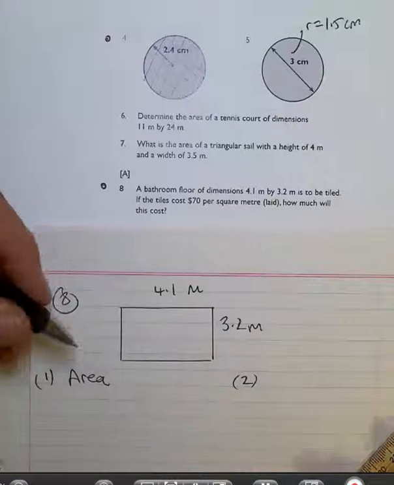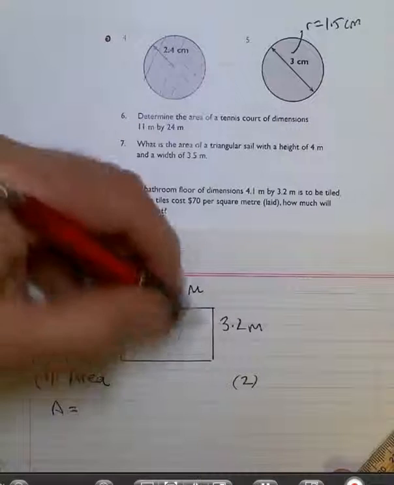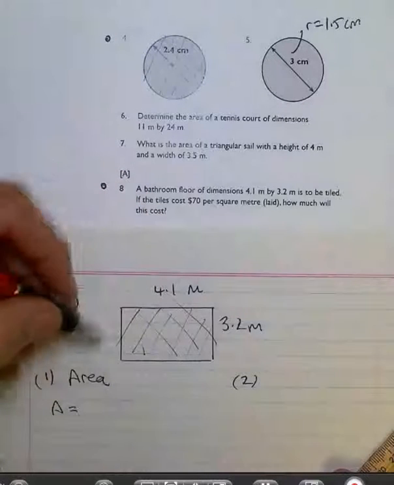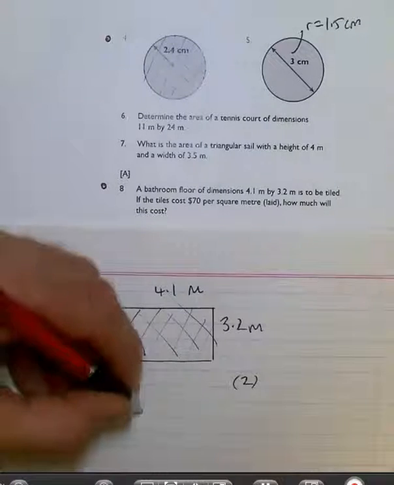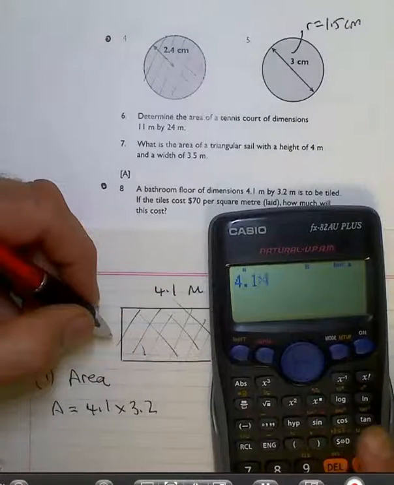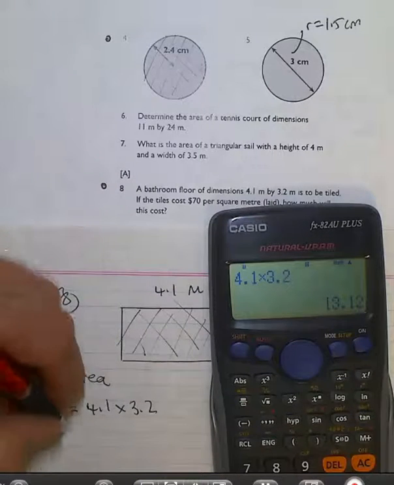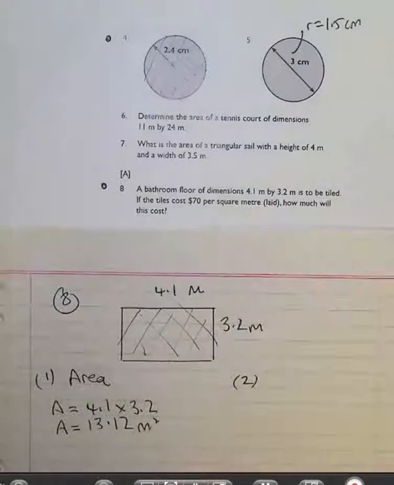Let's do the area first. So this is, having drawn the shape of course, the amount of stuff within the shape. So 4.1 times 3.2. That gives me 13.12 square metres.